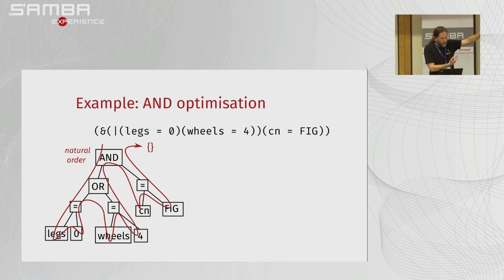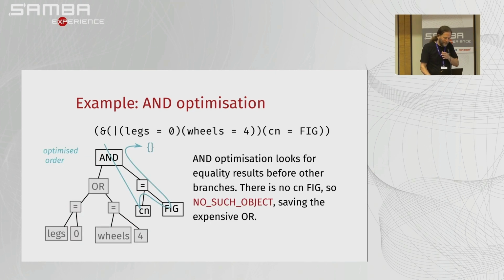Now, if we did the first branch, we'd end up with quite a few things, because legs equals 0 or wheels equals 4, and then you'd filter those down. But in fact, we look for the first equality one, because then we can skip the whole OR, so that whole branch is just skipped.